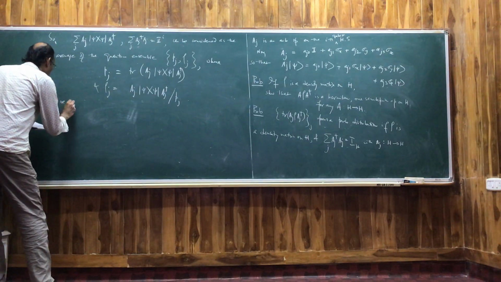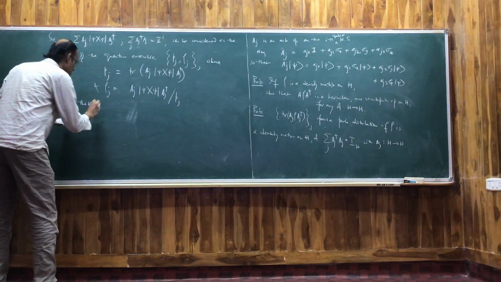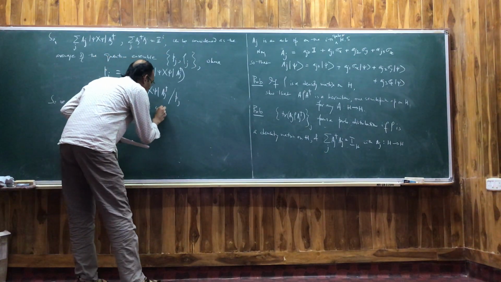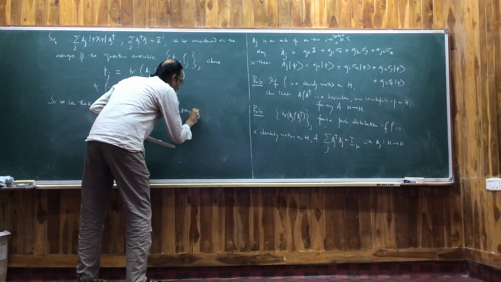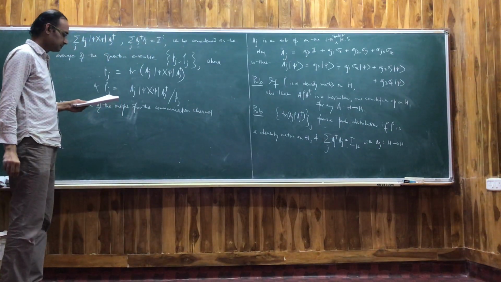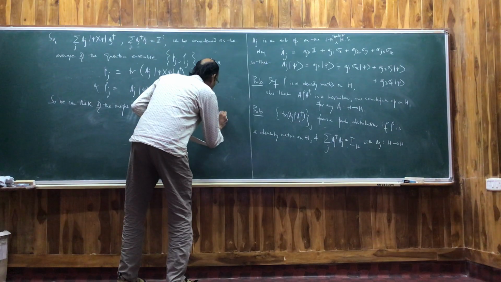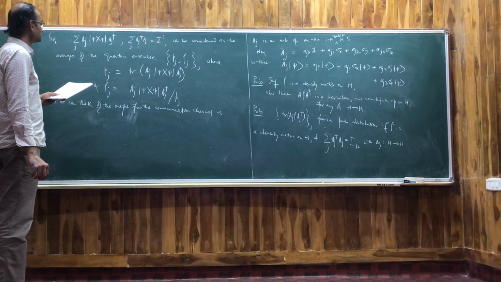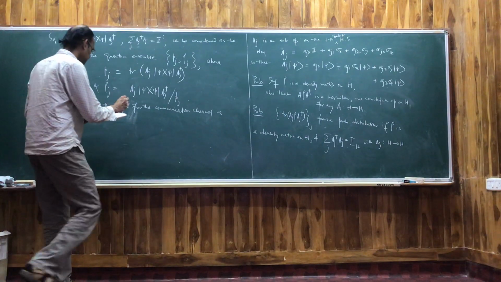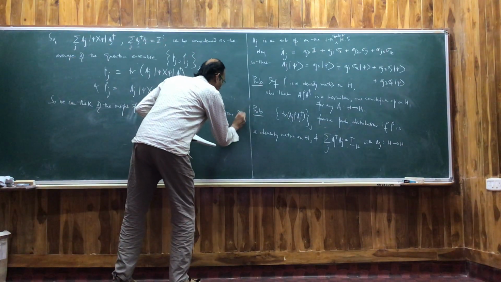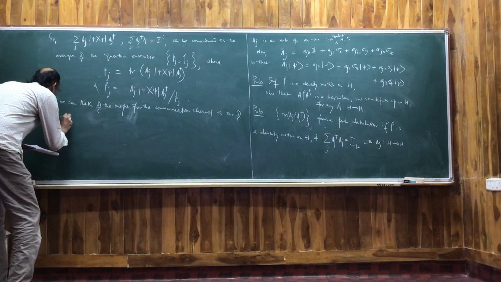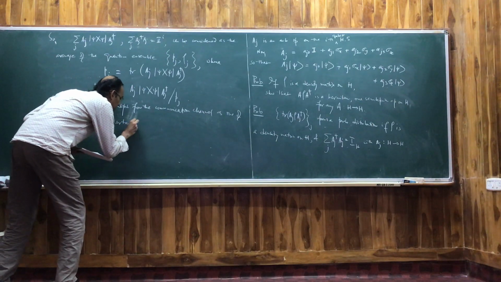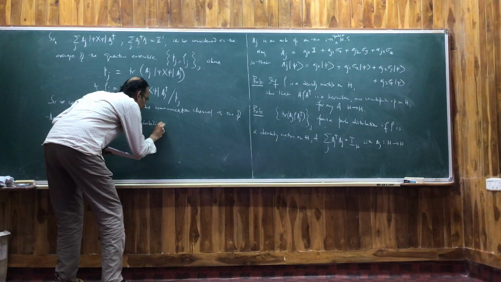So we can think of the output from the communication channel as one of the states rho j with certain probabilities.